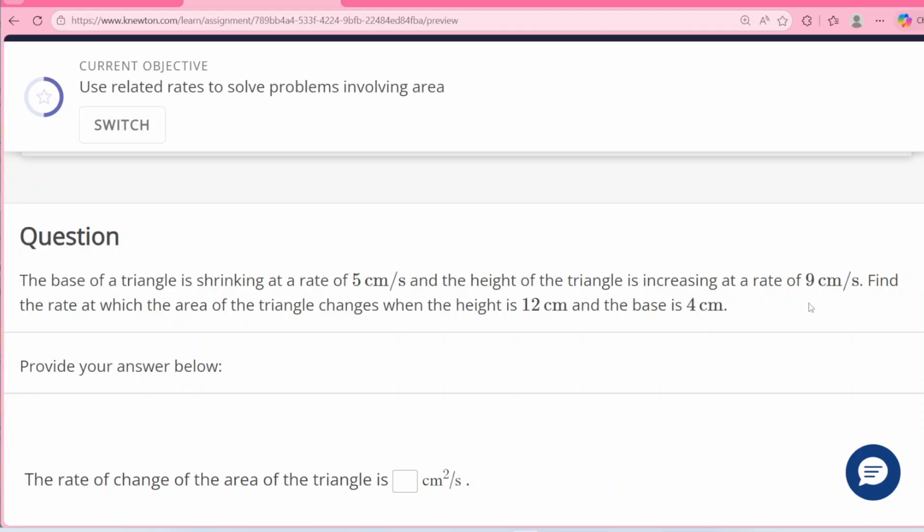So I have a feeling that the area will be increasing at the moment. So we're asked at what rate will the area of the triangle change when the height is 12 centimeters and the base is 4 centimeters.